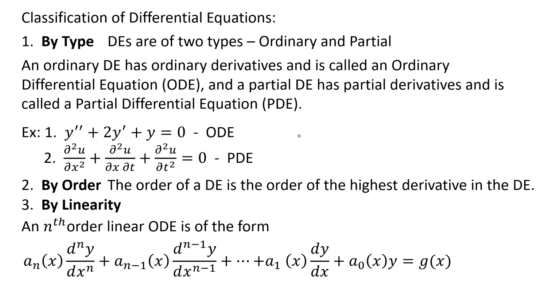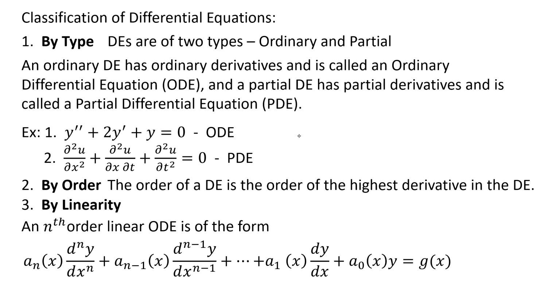Let's look at just the very first term first. a sub n of x. What do I mean by a sub n of x? It's just some function of x. Would you be happy if I said f of x? It's like that. Okay, and that's multiplied by d to the n y dx to the n.